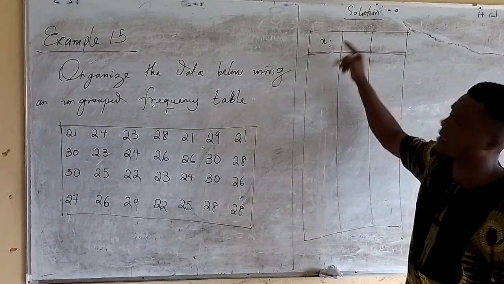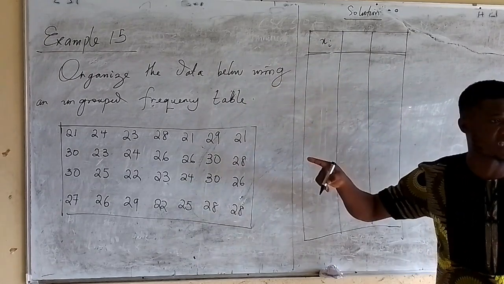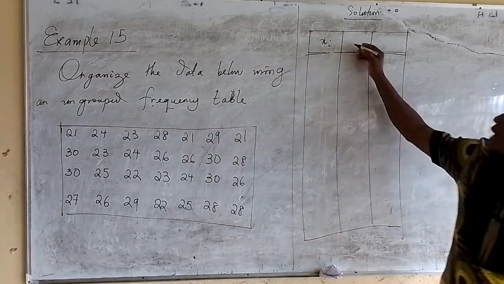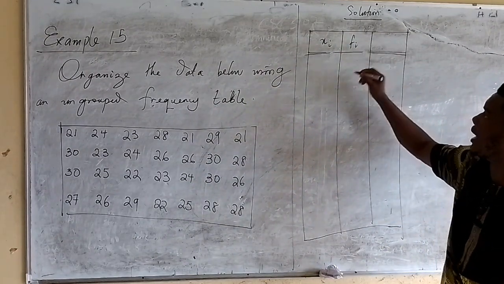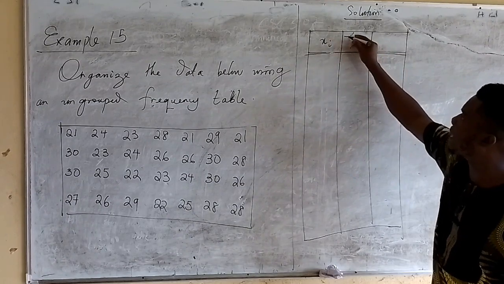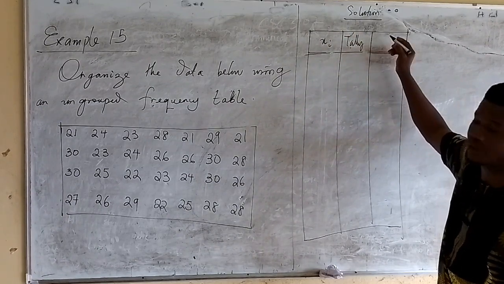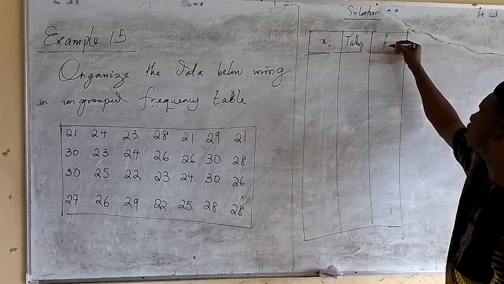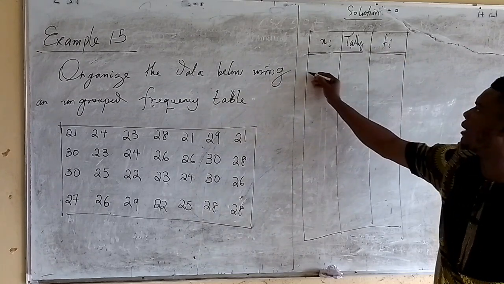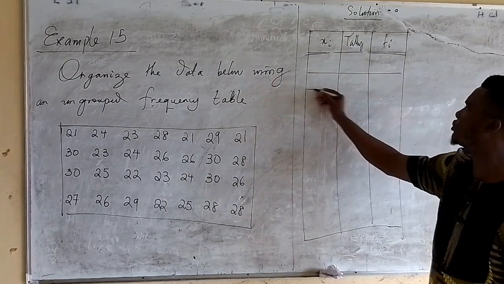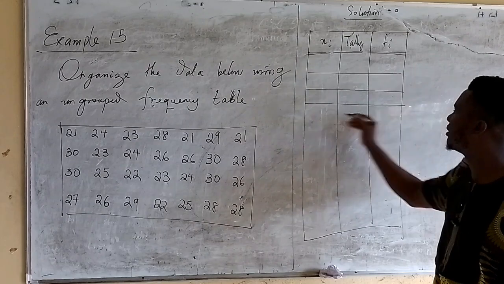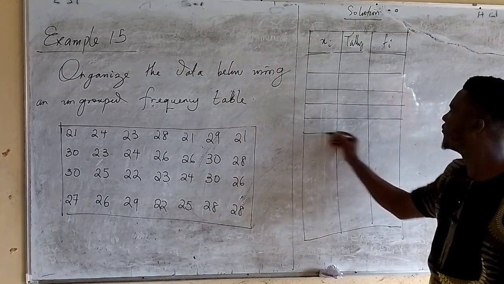Our data entry column, we had said we use XI. Our frequency column, we use FI. But this time around, I want us to incorporate tallies. So I'm going to put here 1, 2, 3, 4, 5.